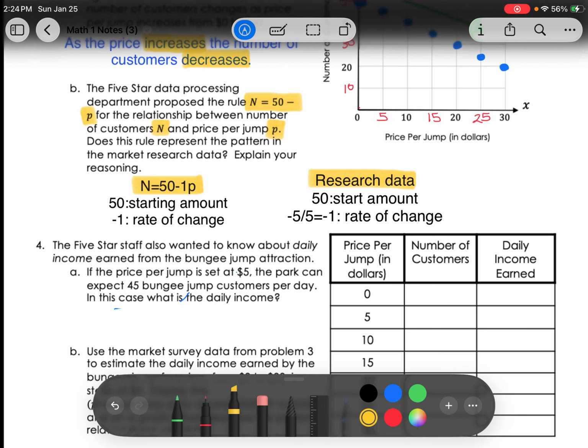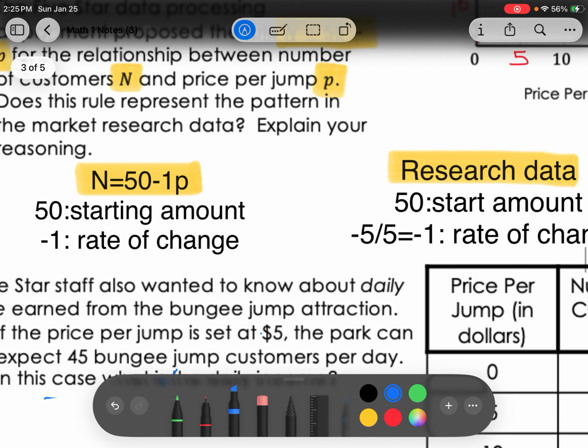So as we can see, they have the same starting amount, literally the same, and they have the same rate of change. So obviously it's yes. The equation does represent our data correctly, so we're all good.